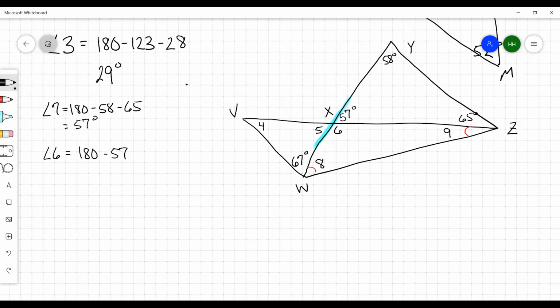They are a linear pair. So that's 123 degrees. So now angle 6, that's 123 degrees.